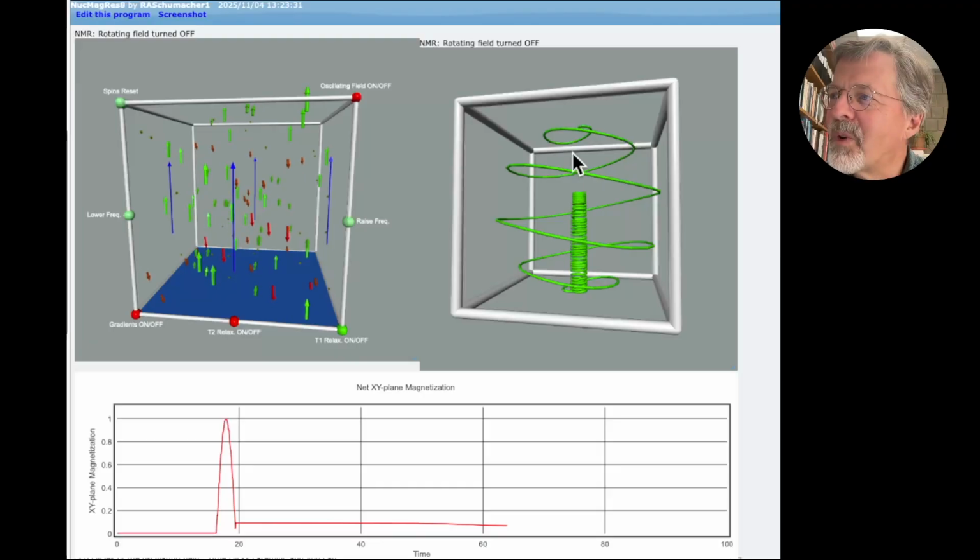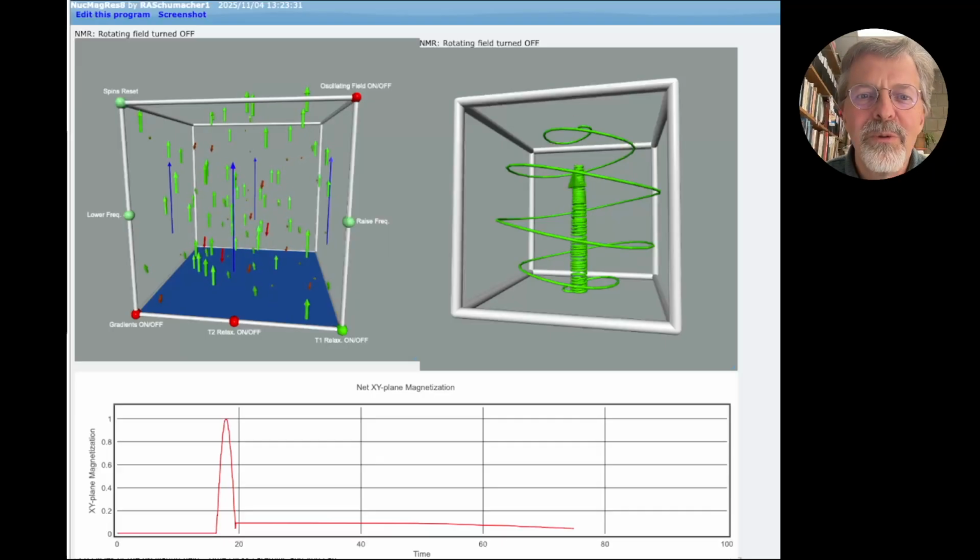It's going to end up pointing in the original direction again as more and more of the spins in our sample give away their excitation energy to their surroundings, jargon word, the lattice, and eventually everything will be lined up back where it was originally. That's the T1 effect.